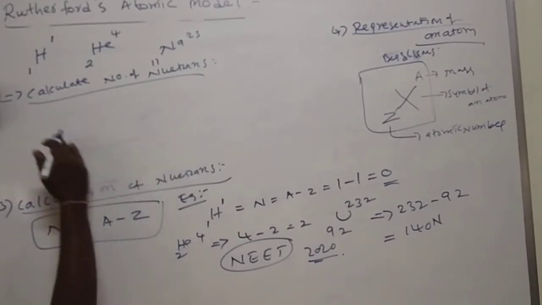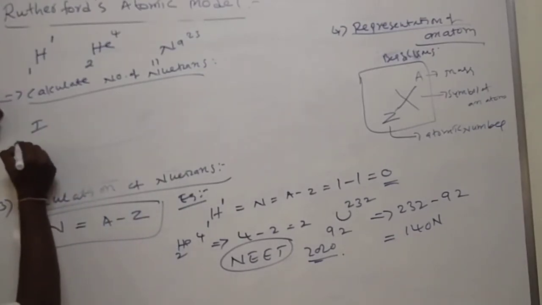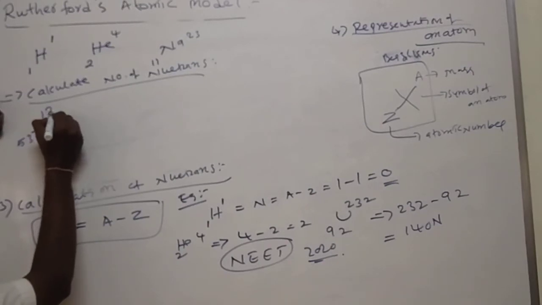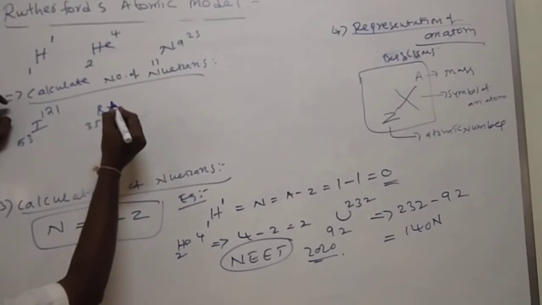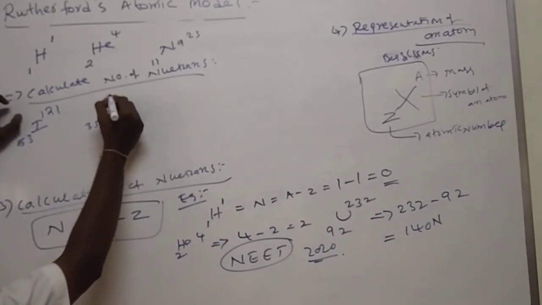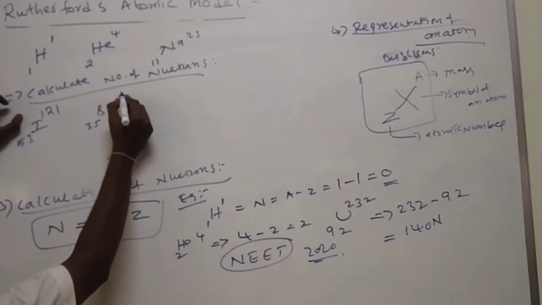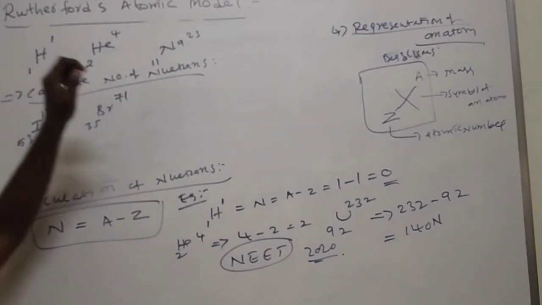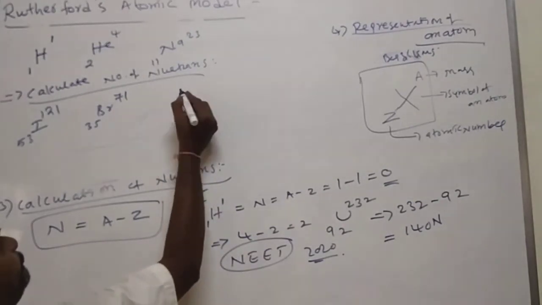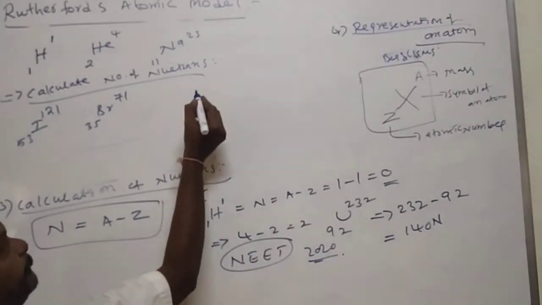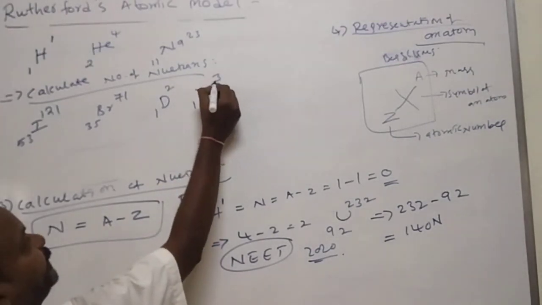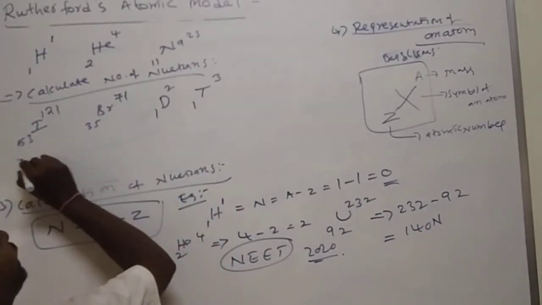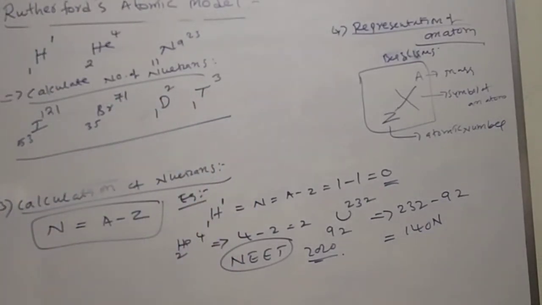Here I am giving some examples: iodine 53, 121; bromine 35, 71; deuterium 1, 2; tritium 1, 3. Calculate the number of neutrons in these.